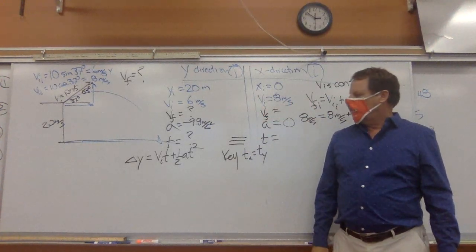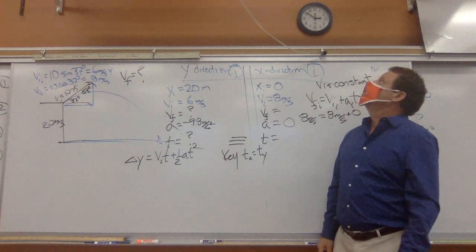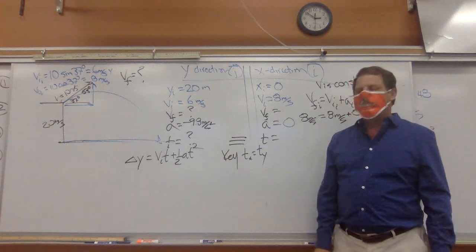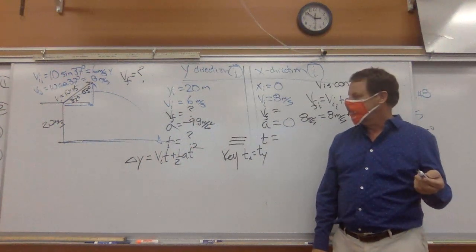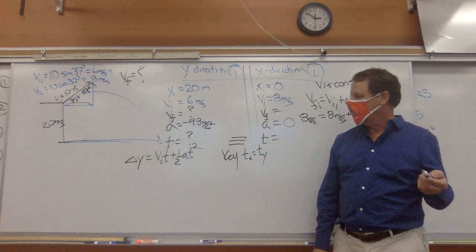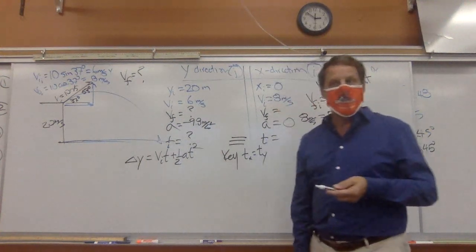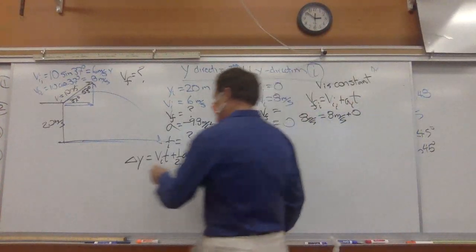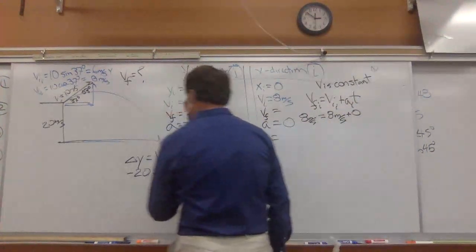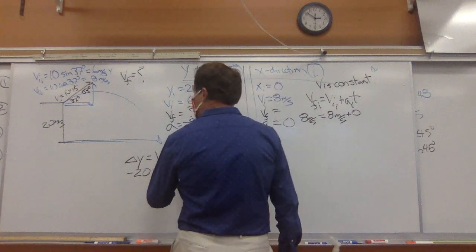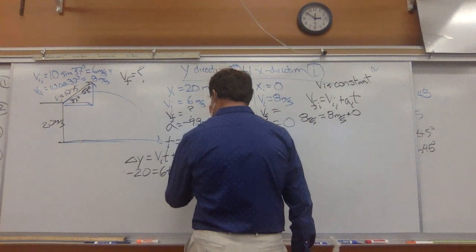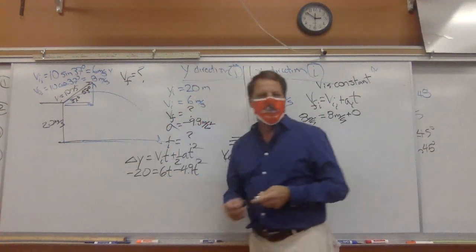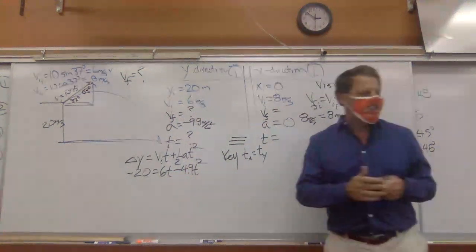Okay, this is our delta y. So what is our change in y? Okay, so our change in y is going to end up being negative 20, right? Okay. So negative 20 is equal to 6t minus 4.9 t squared.